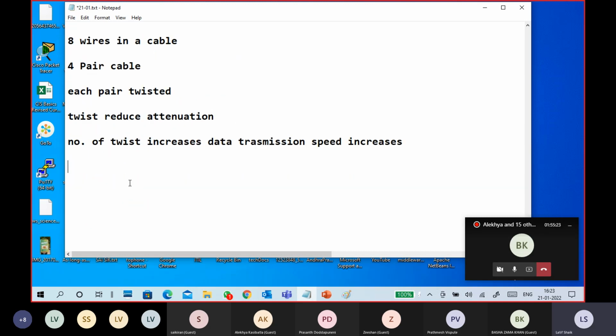Here are a few more important points to discuss. Every wire has a color, but there are mainly only 4 colors: orange, green, blue, and brown. Only 4 colors are there, but 8 wires.